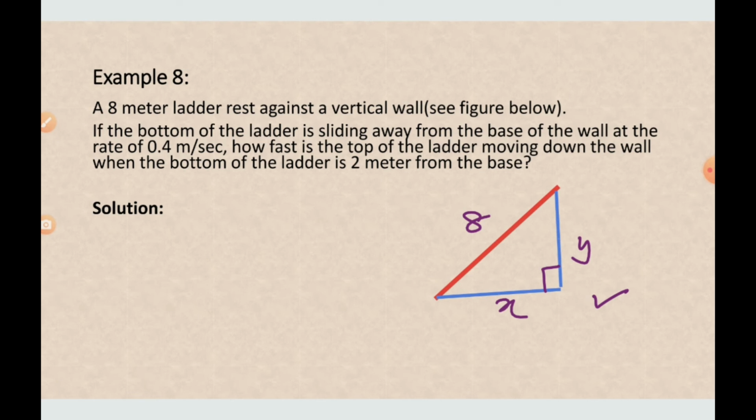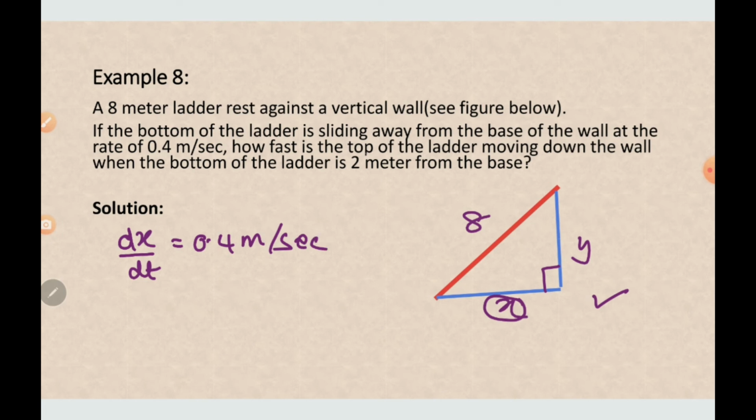Given to you is the bottom of the ladder is sliding away at the rate of 0.4. So the bottom of the ladder means x. Okay, so dx dt is given as 0.4 meter per second.